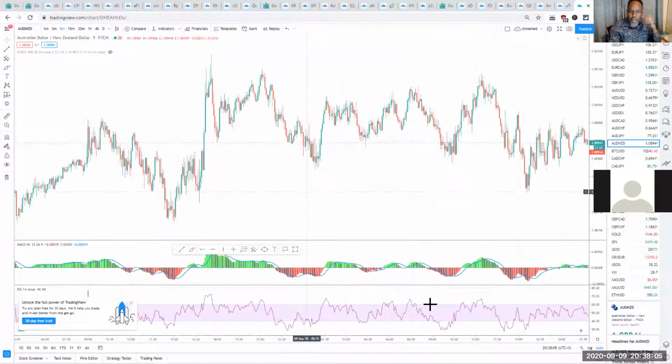All right. So you can see this is AUD NZD, the chart of AUD NZD. This is a 5-minute chart. All right, and down here I have the RSI.